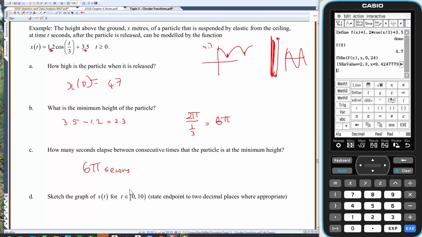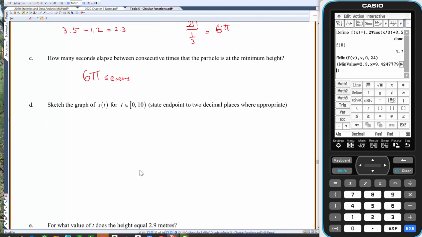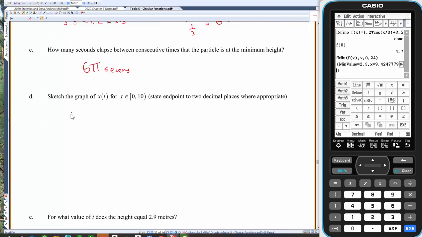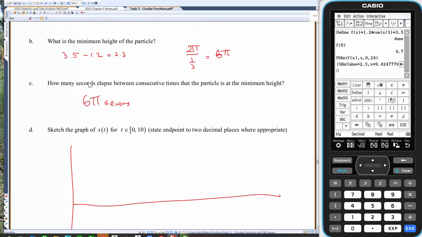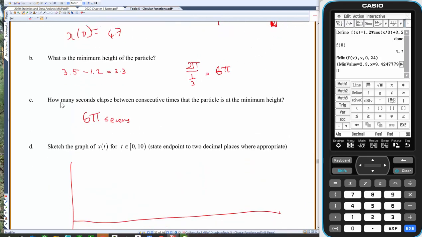Sketch the graph of x of t between 0 and 10, non-inclusive of the 10. Okay, our mean line was 3.5.